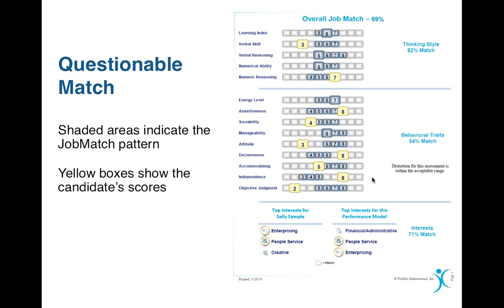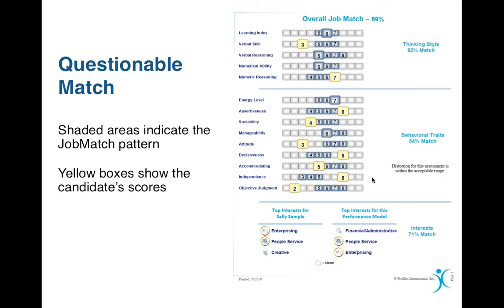Now, what is a questionable match? As you can see here, you will notice a lot of yellow boxes. This is a questionable match. There are so many differences between this person and your top performers that you would certainly want to explore the likely implications of these differences before you consider placing him or her in a position.